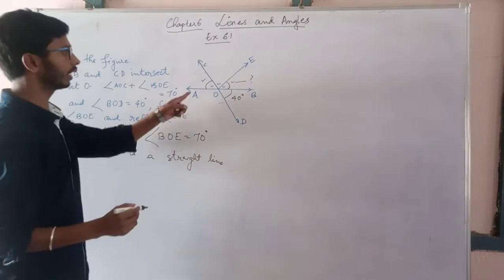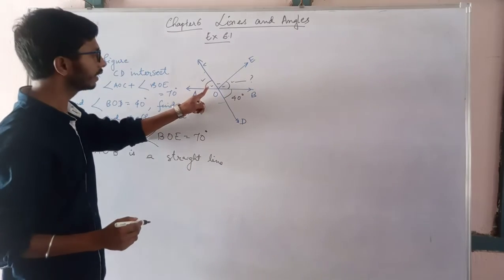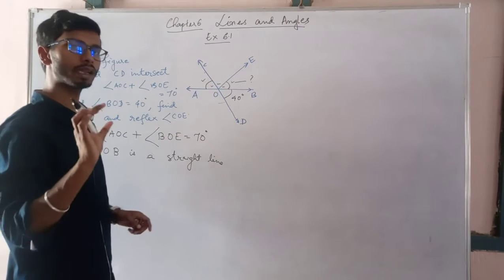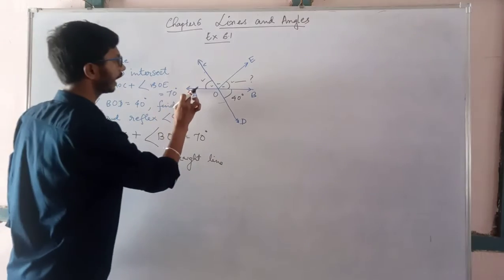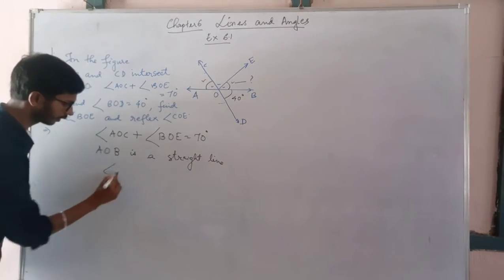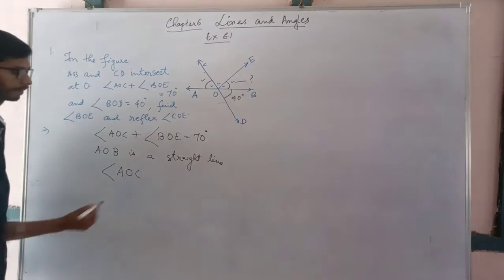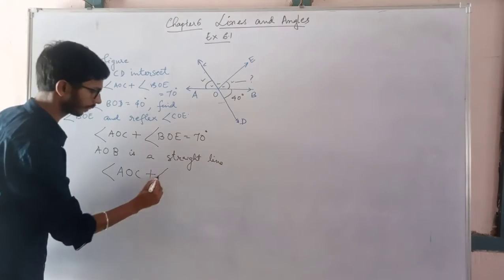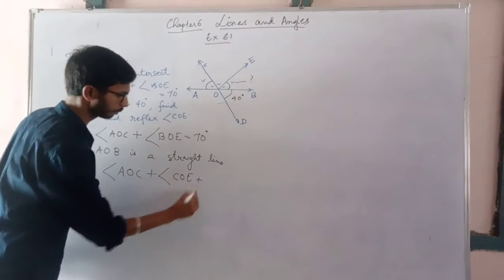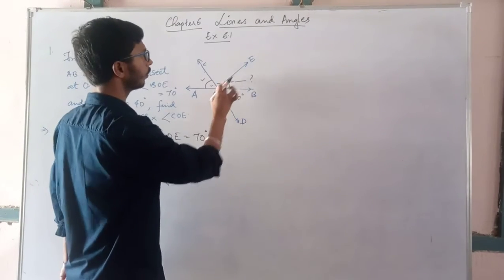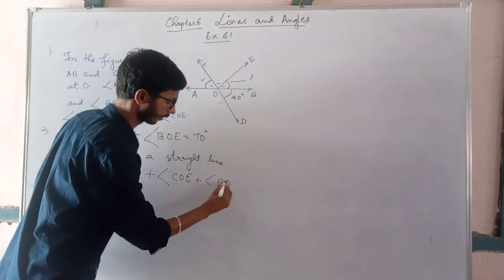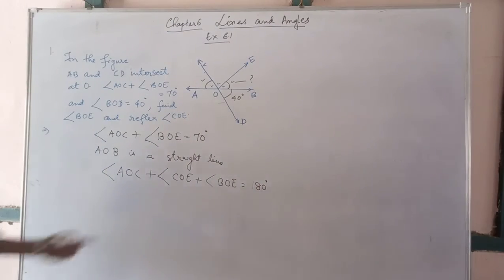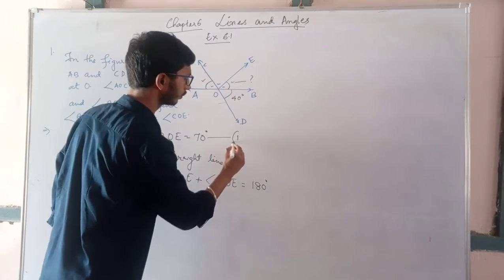It means sum of this angle and this angle will give you 180 degree. So we can write angle AOC plus angle COE plus angle BOE is equal to 180 degree. Okay. So this one, the given one, you can write equation number 1.